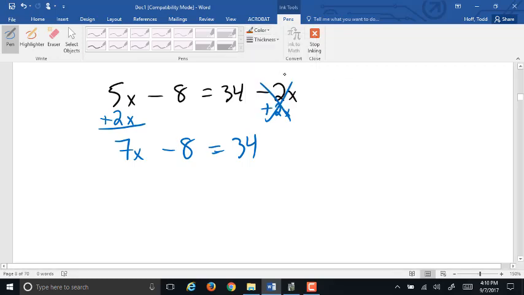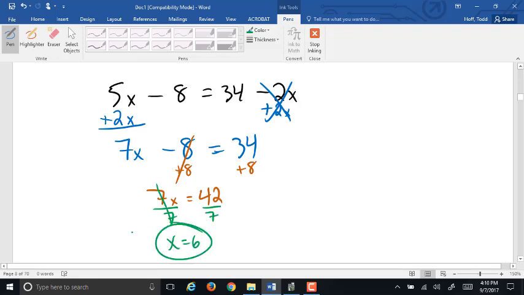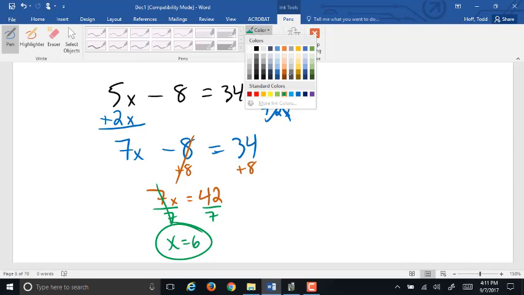So we have 7x minus 8 equals 34. What's next? Add 8. 7x equals 42. And then divide by 7. X equals 6. We can put that back in and double check. Both sides will come out to 22, I believe.